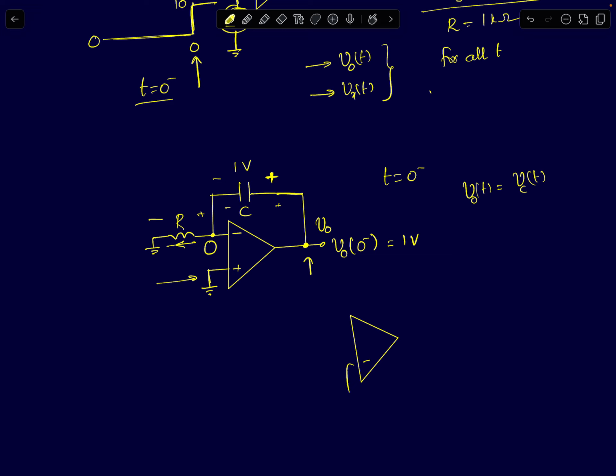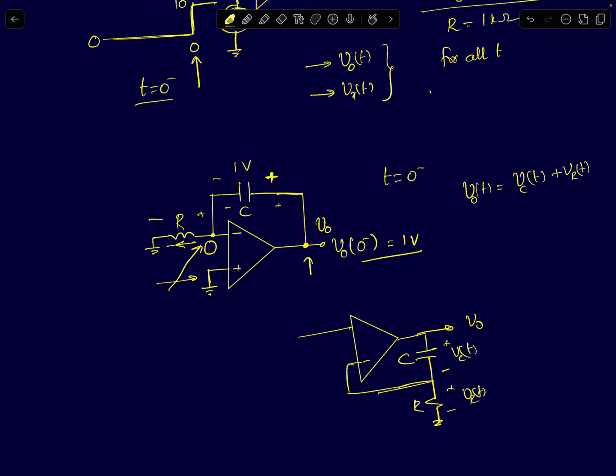This is the capacitor, I have redrawn the circuit, and this is your output voltage. This is C and R, the voltage across the capacitor and the voltage across the resistor. So the output voltage is simply equal to the voltage across the cap plus the resistor. Since this node is at 0, the resistor voltage is 0, so the output voltage V naught of 0 minus will simply be equal to Vc of 0 minus, which is 1 volt.